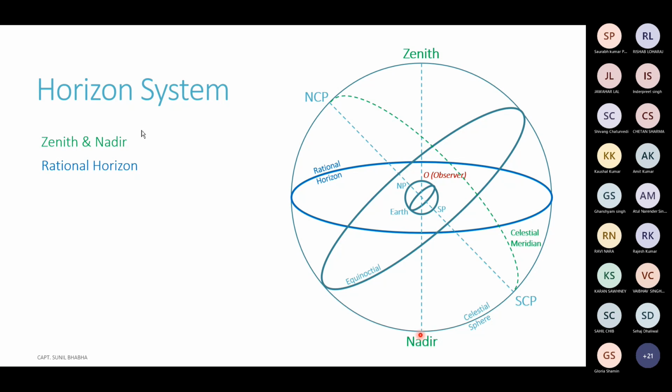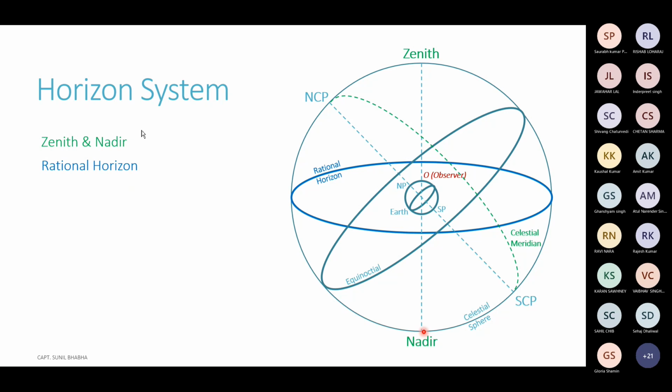You can see the relationship is quite similar to what we had between the celestial poles and the equinoctial. Equinoctial was located exactly midway between the celestial poles. Exactly in the same fashion, rational horizon is situated exactly midway between the zenith and the nadir of the observer.